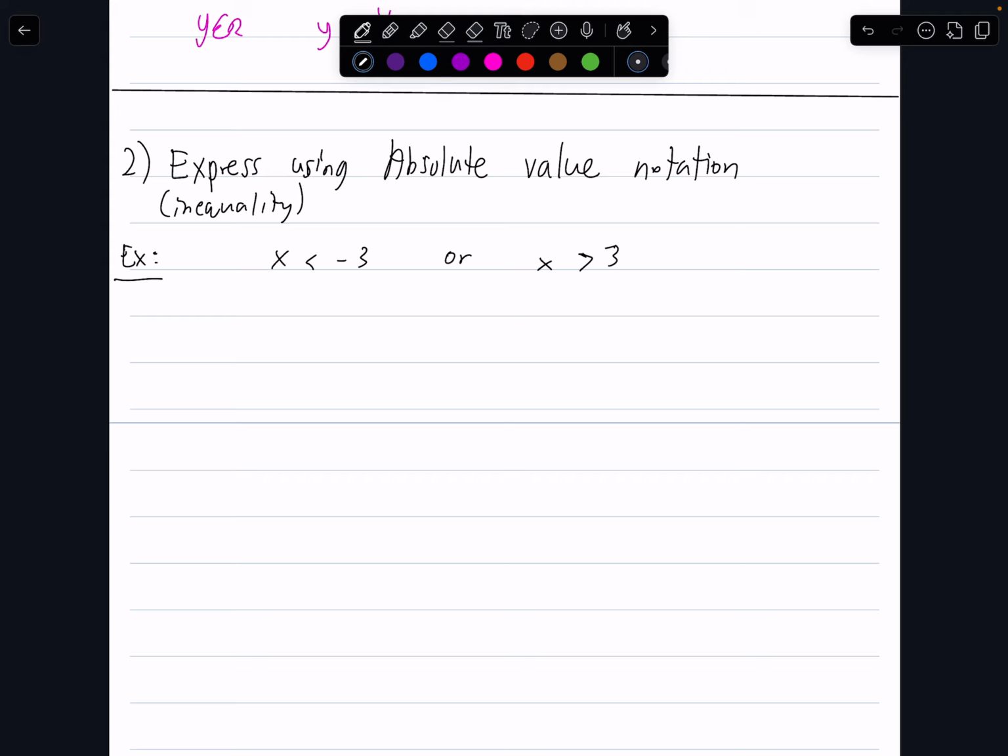So the way we're going to do that is, if you look at this on a number line, for example, x is greater than 3. So from 3 onwards, it's going to exist. I'll put it in red.